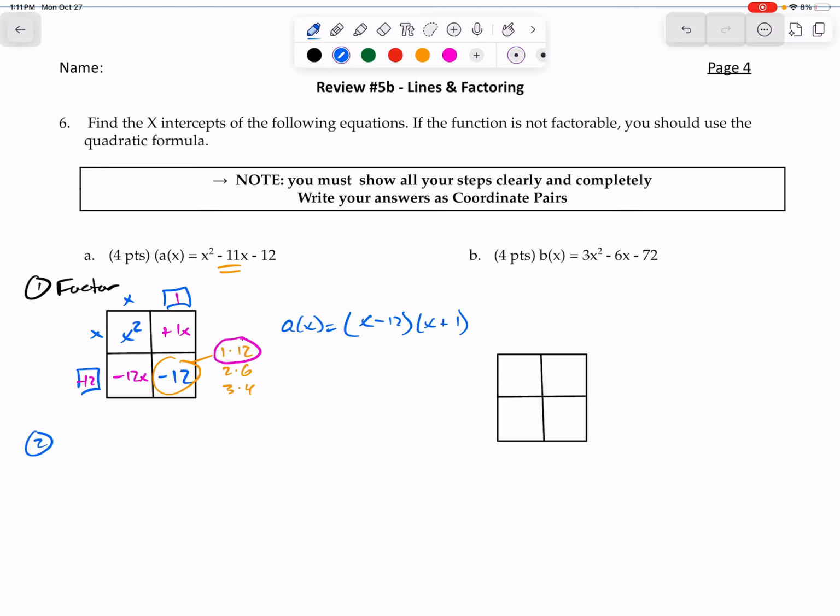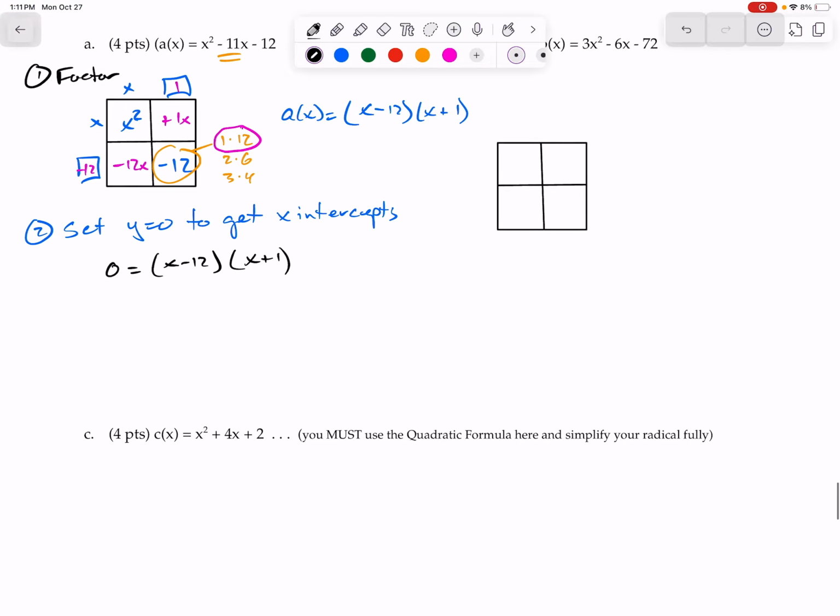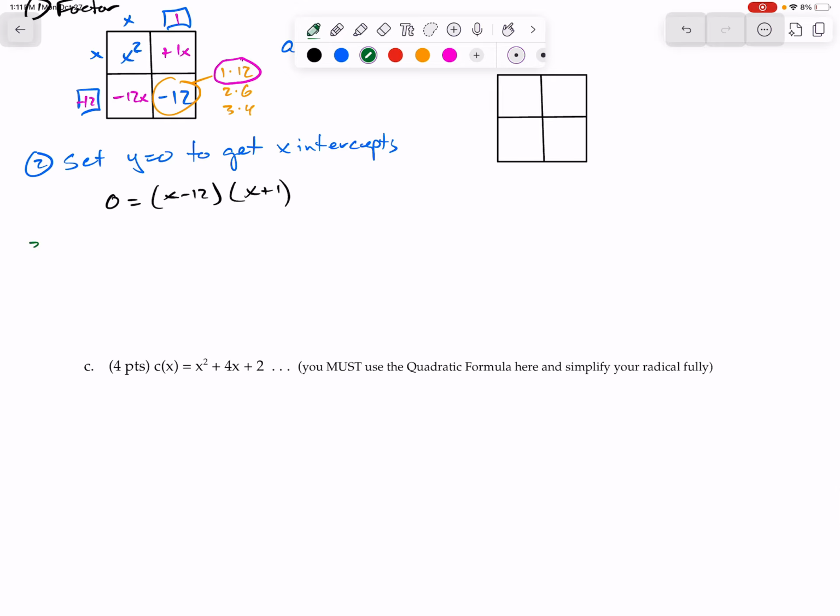Now I'm going to set y equal to 0 to get my x-intercepts. So 0 equals x minus 12, x plus 1. Then use the zero product property to solve.